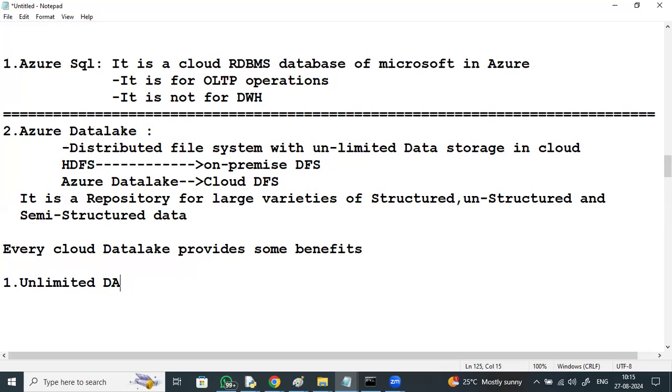To the data lake, you can bring data from different sources, extract or pull the data, and just dump it into this data lake, where unlimited data storage is possible.